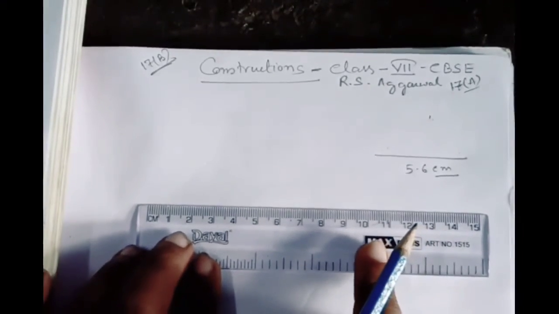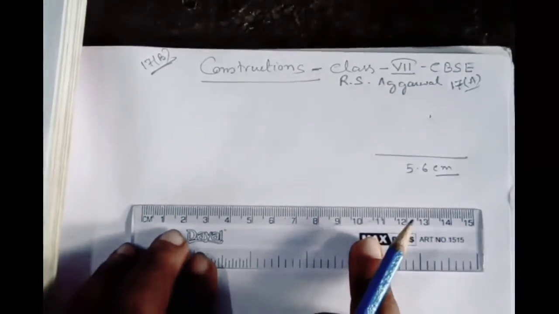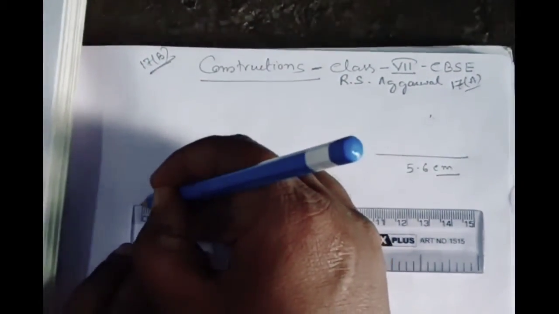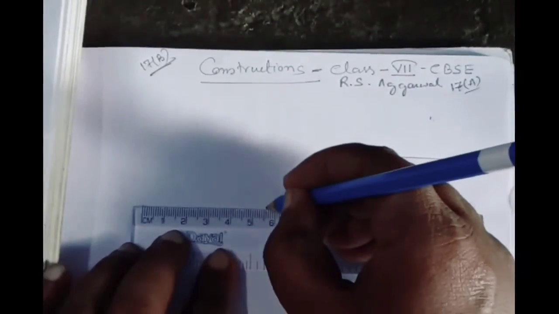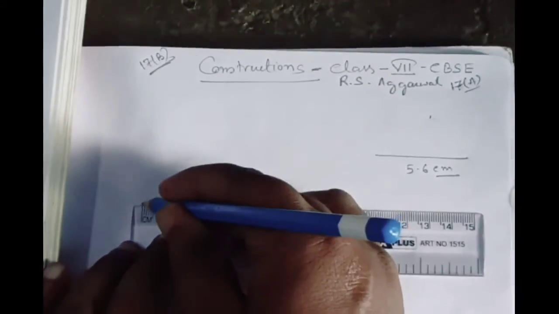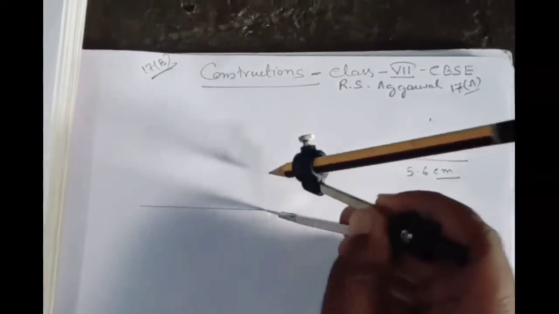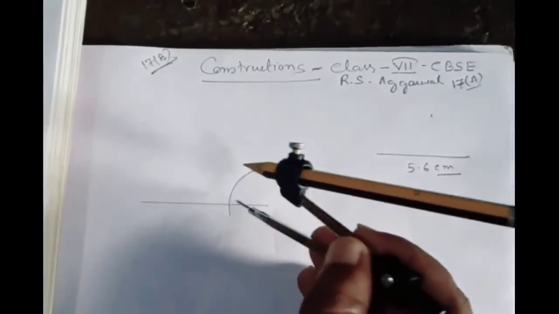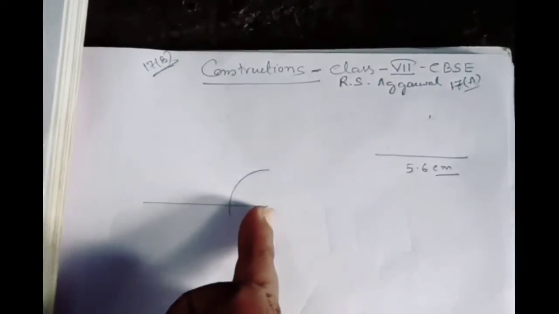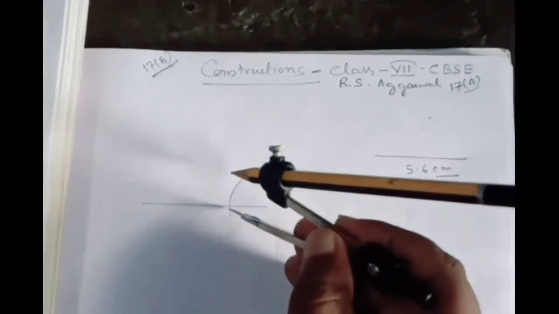First we have to draw 5.6 centimeter. So 5.6 centimeter, that is here 5.6. This is 0. This is 5.6 centimeter. Next, here we have to draw 60 degree. Or if we draw 30 degree over here, that is also no problem.